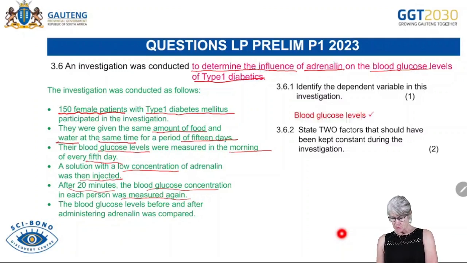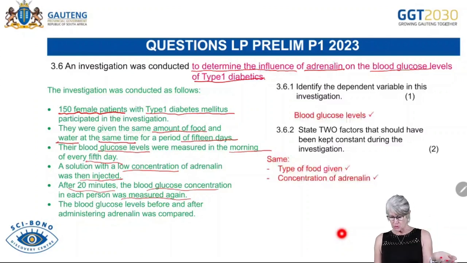Then the next question, they say, state 2 factors that should have been kept constant during the investigation. They gave us a lot of things that were kept constant. They kept the same type of food and the same amount of food. The concentration of adrenaline should be the same. Can't give some more or more concentrated adrenaline than others.